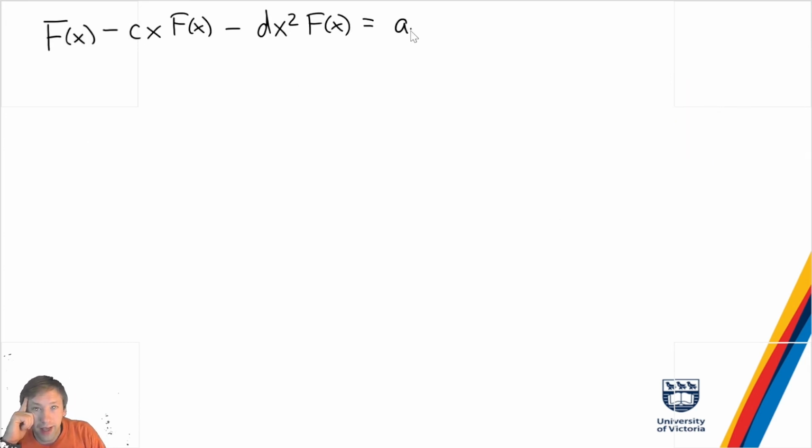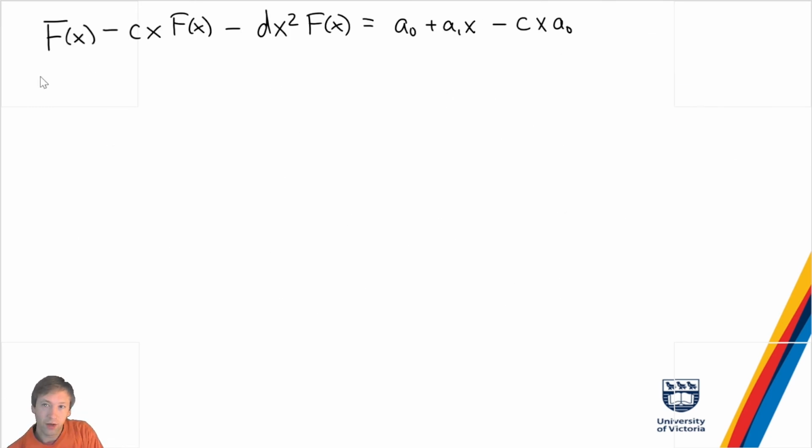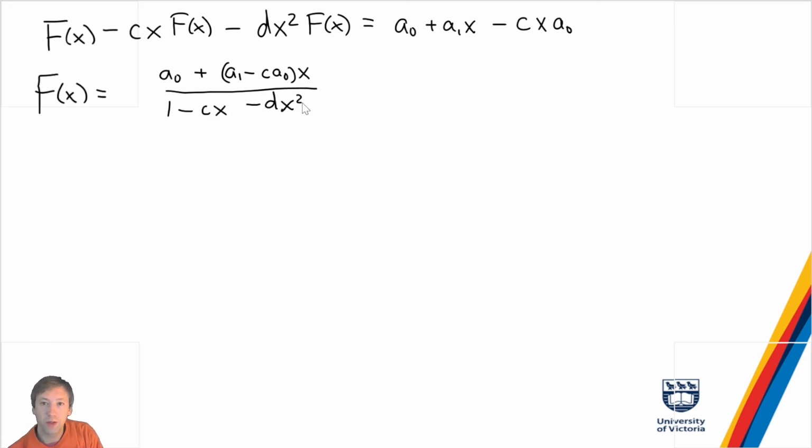So on this side I get a0 plus a1 x minus cx a0. Okay, I think that's right, but you can double check. Therefore f of x is equal to a0 plus (a1 minus c a0) times x, all over 1 minus cx minus d x squared.